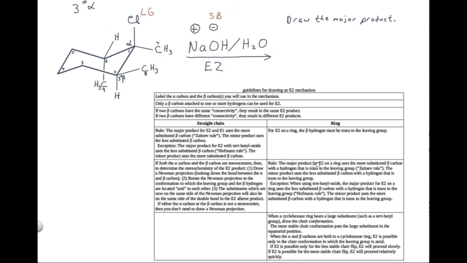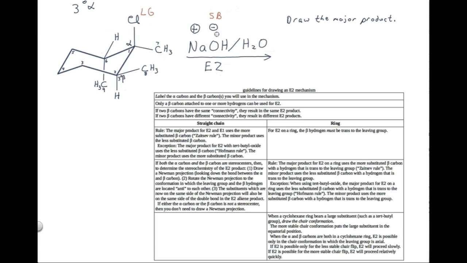So we used this guideline. The major product for E2 uses the more substituted beta carbon. Now remember, there is an exception to that when you use tert-butyl oxide. Tert-butyl oxide would be an exception, so let's check. Are we using tert-butyl oxide here? No. This base is not tert-butyl oxide. Do you know what the name of this base is? This base is hydroxide.